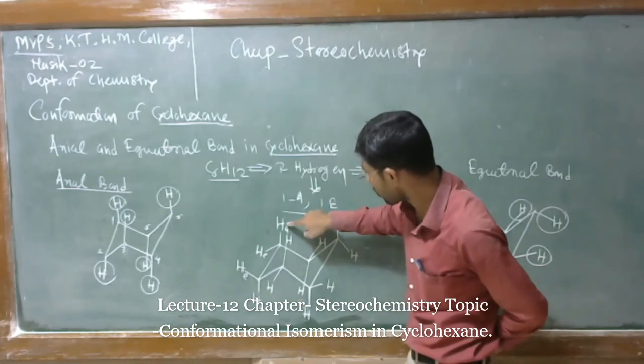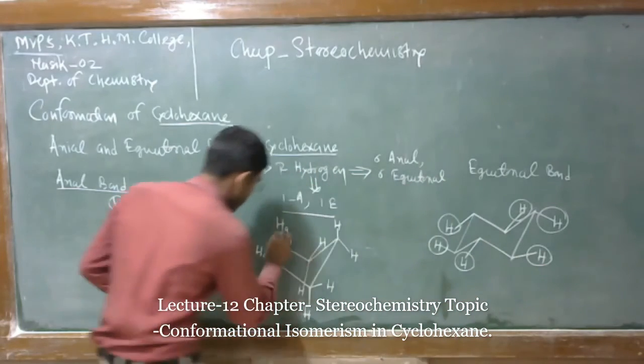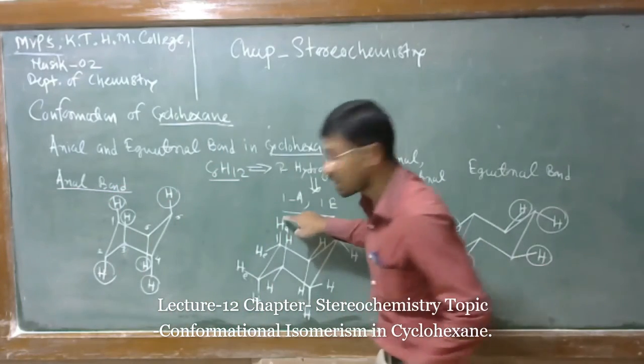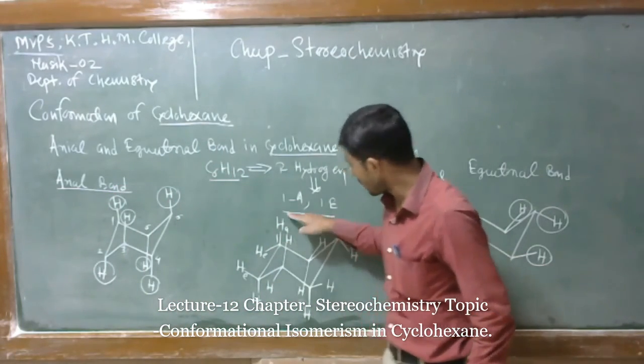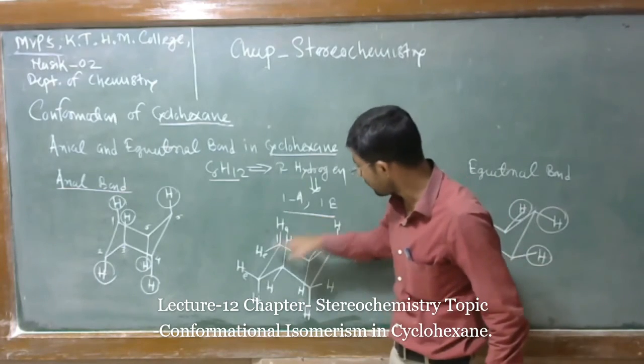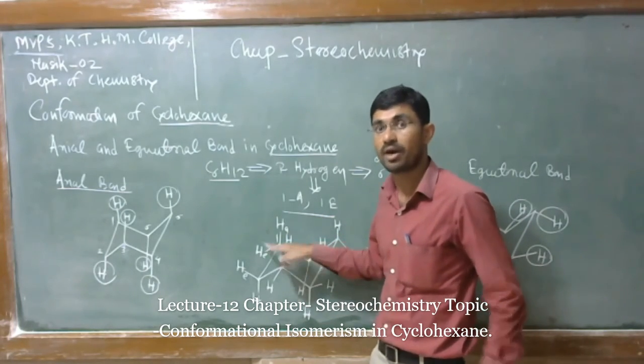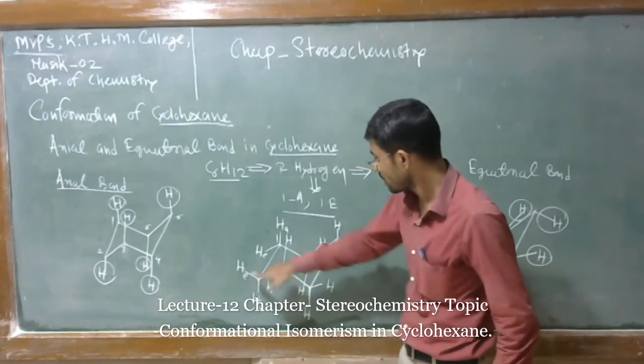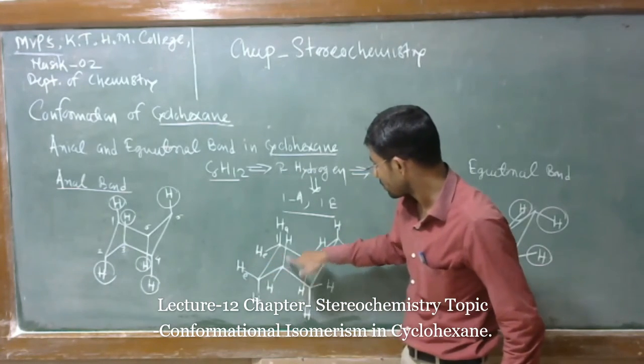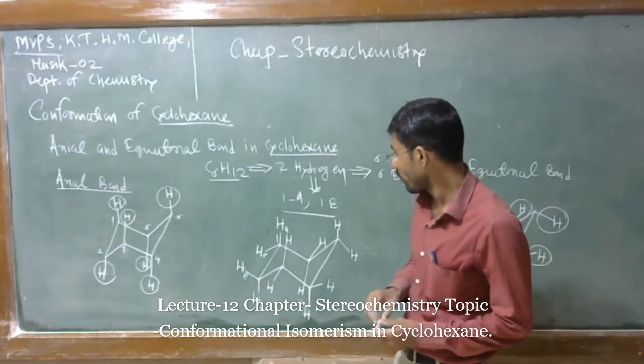See here, over carbon number 1, the axial hydrogen is above the plane and the equatorial hydrogen is below the plane, and vice versa for the next carbon.